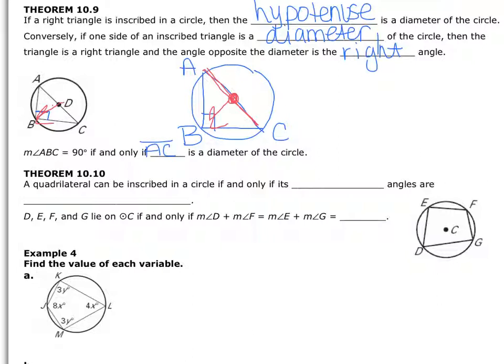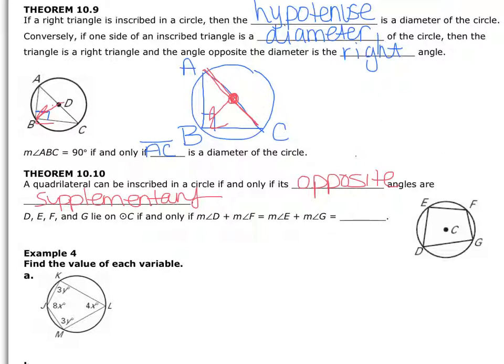Now, for the polygons, a quadrilateral, so a four-sided figure, can be inscribed in a circle if and only if its opposite angles are, and I know you're going to remember this word, supplementary. So the only way that you can fit a quadrilateral inside of a circle is if the opposite angles are supplementary.